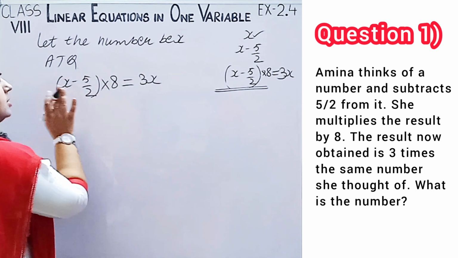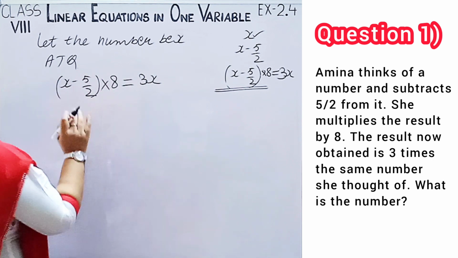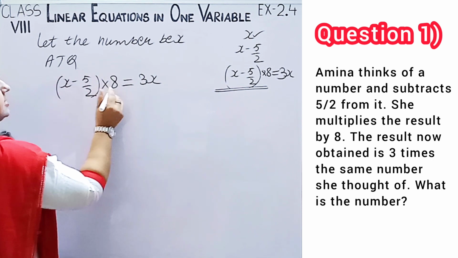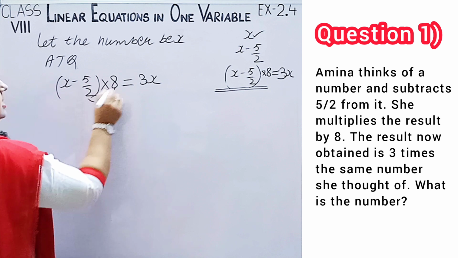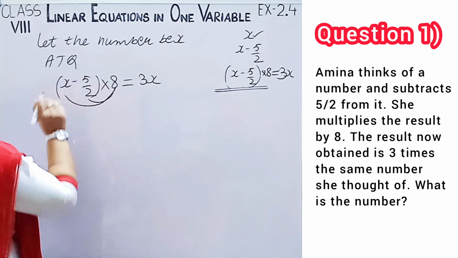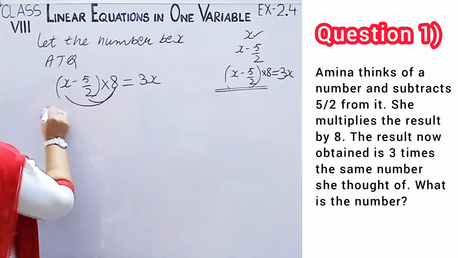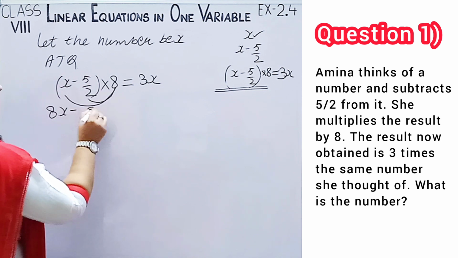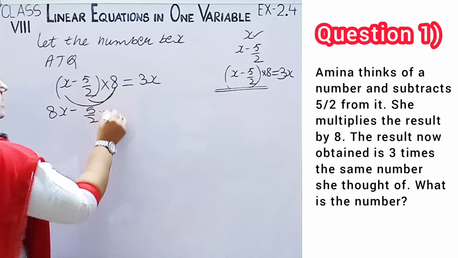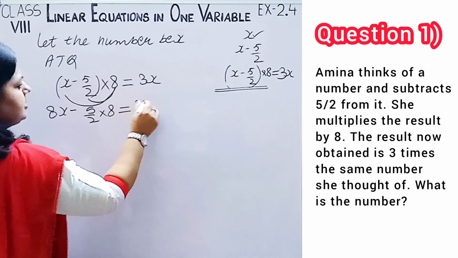Now we have to solve this equation. So this 8 first we multiply with this and x. 8 multiplied with x is 8x minus 5 by 2 into 8 is equal to 3x.